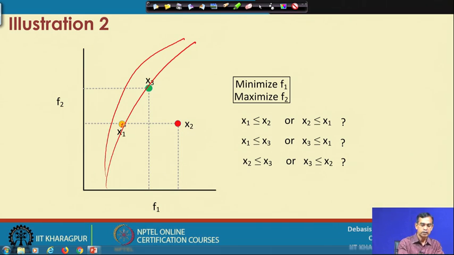All the solutions on this region are non-dominating each other, however any solution in this direction is preferable and optimal. We can verify that x1 dominates x2 in this case, and x1 also dominates x3, but x2 and x3 do not dominate each other. You can verify and understand this.